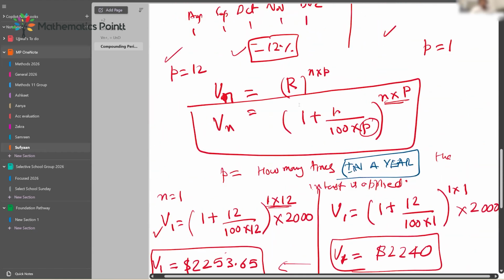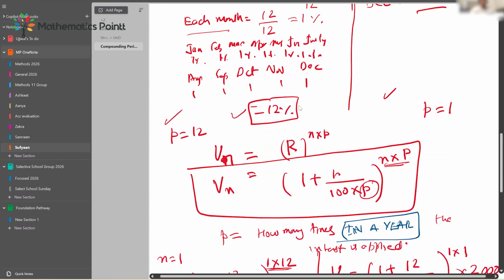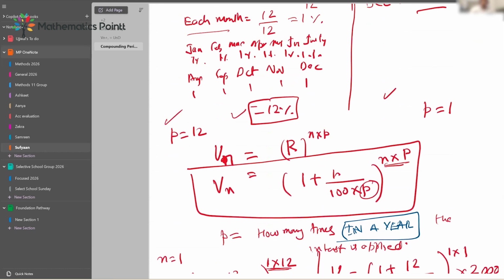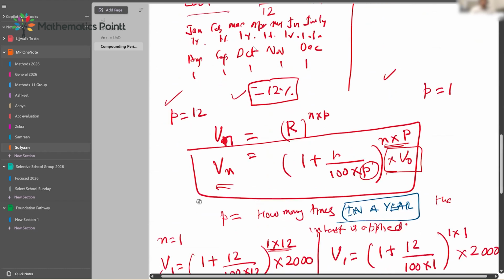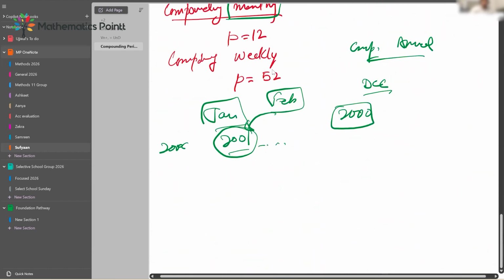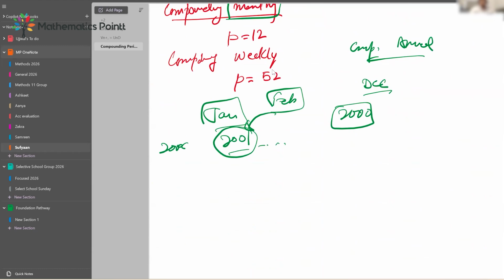Because V0 is, and I think I forgot to add V0 here, my bad. So the more V0 you have, the more Vn it is. The logic is as simple as that. You keep increasing your previous balance and your interest is applied on that previous balance to generate the next balance. So the more often you do it, the more money you end up generating.